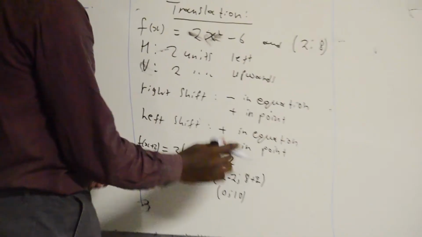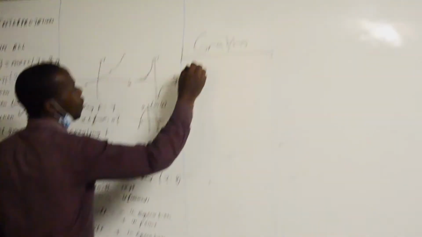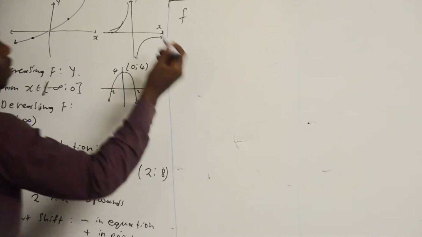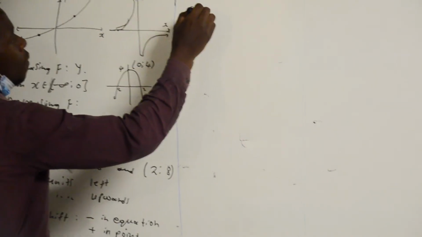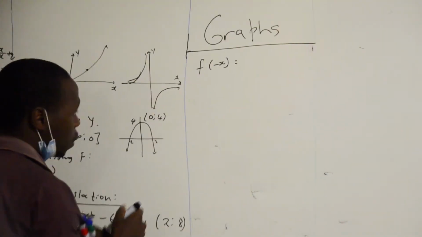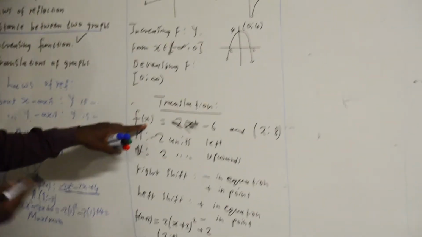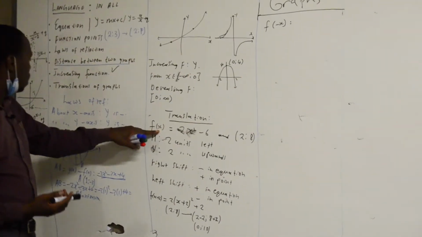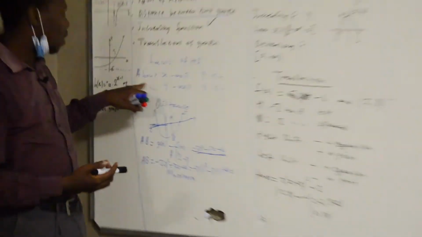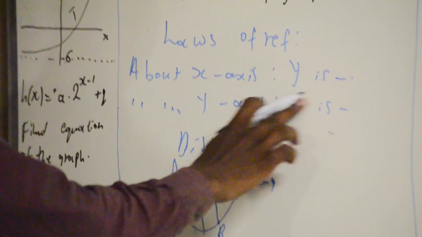Okay, coming to the second part, you will also be given f of minus x as the transformation. So the transformation happened here, I had f of x. Now how is my x? My x is negative. I know that if the reflection is about the y-axis, my x is negative.